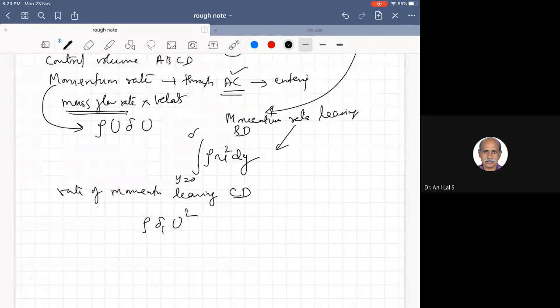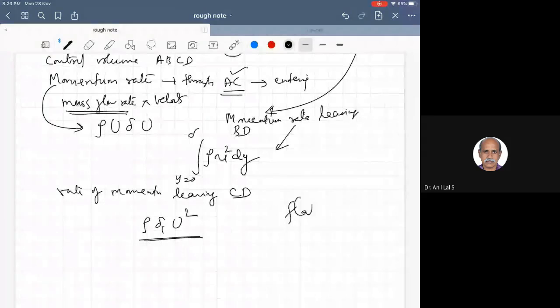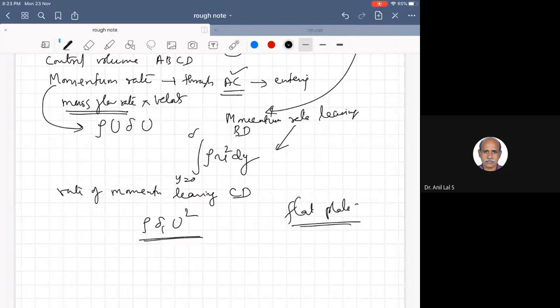This is for the case when the potential velocity is a constant, not changing with respect to x. It is applicable for a flat plate, so U is a constant.